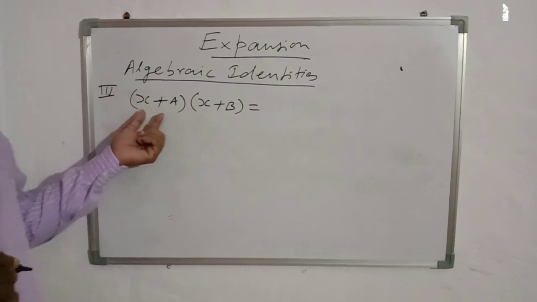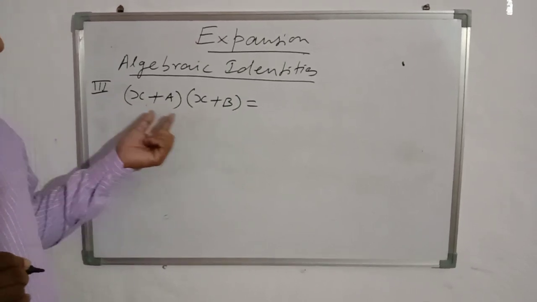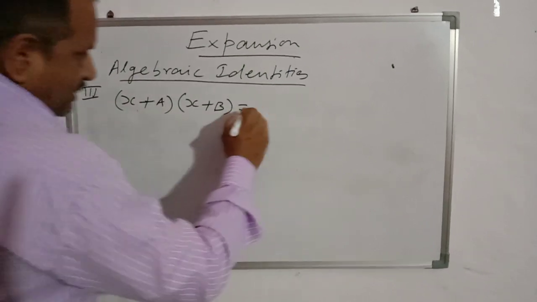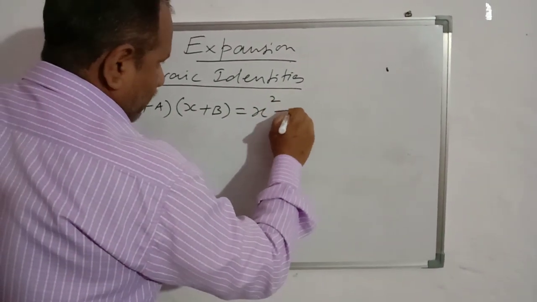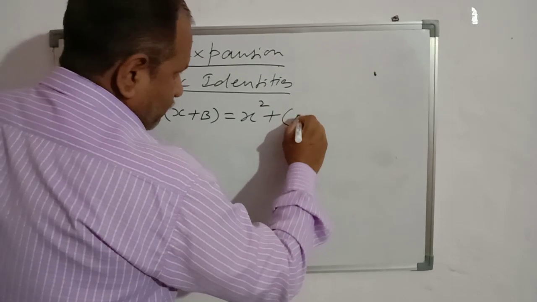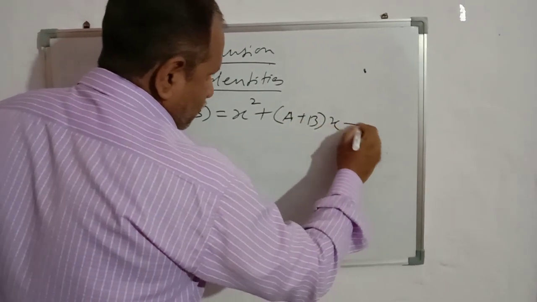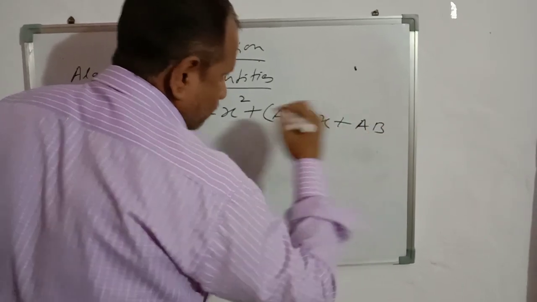We have to multiply these two brackets. Without actual multiplication, we have to write the result. So what is the result of this identity? x square plus, in bracket, a plus b into x plus a into b.